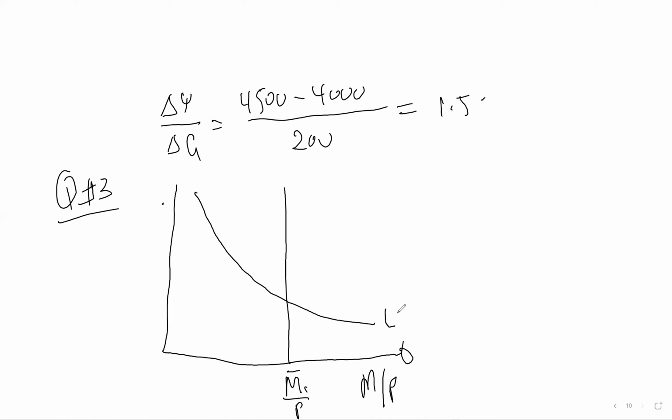This is where we have the interest rate and also the income. Let's say that is the initial interest rate. So this is the market for real money balance.